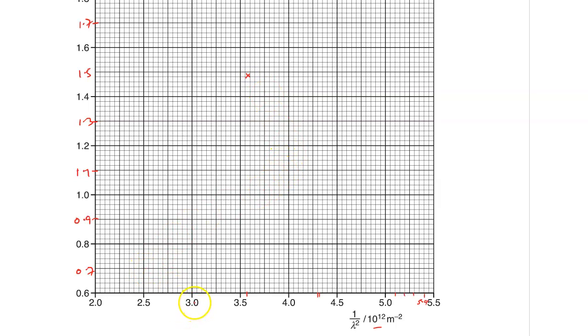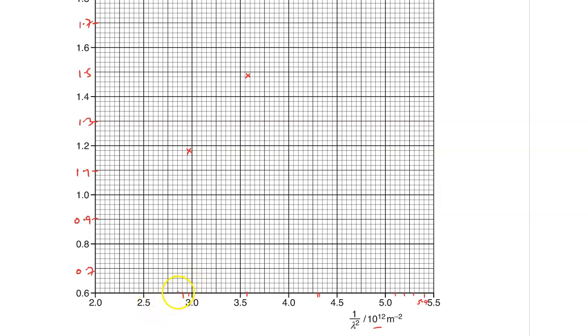The next one is 2.97. 2.9 is here. 2.97 is somewhere here against 1.8. So 2.9, 1.8 is here. So there.